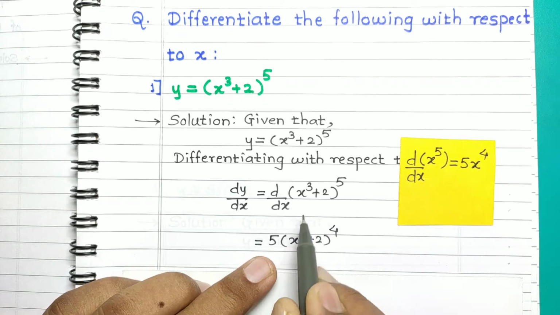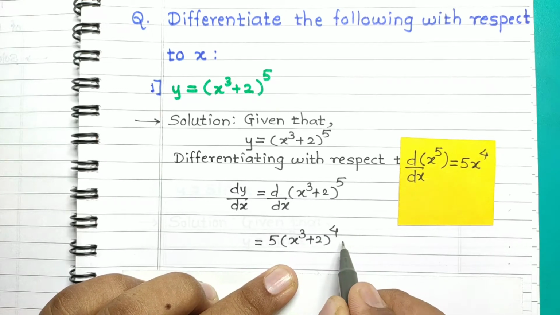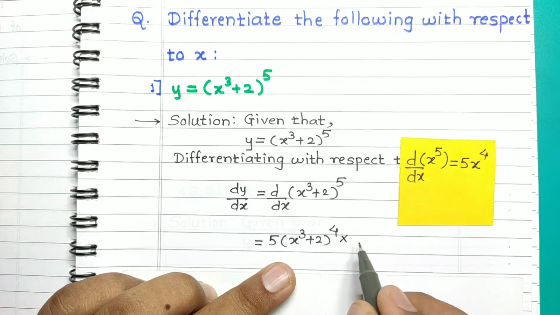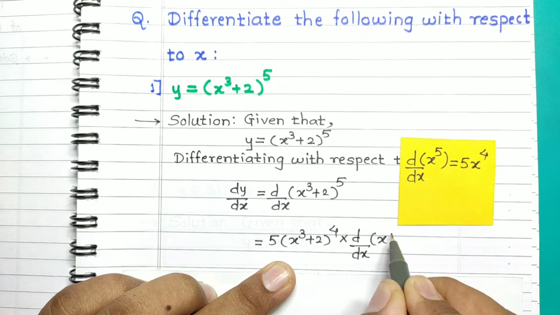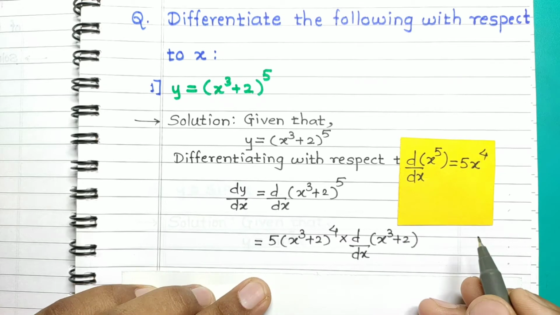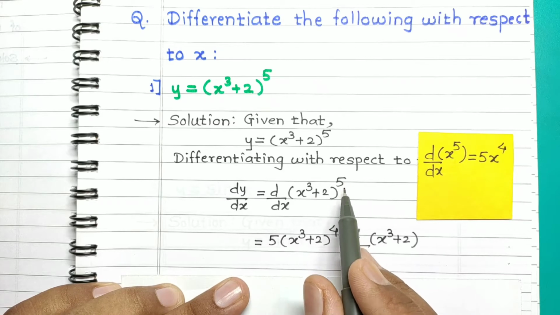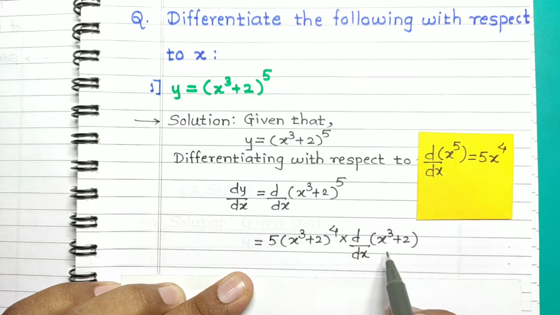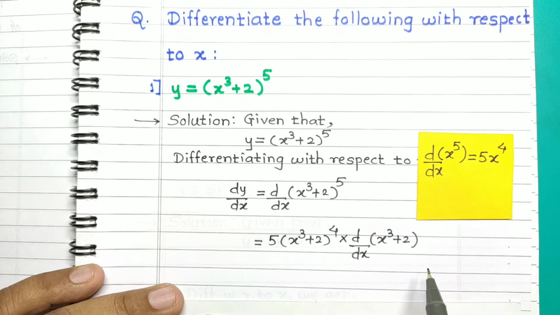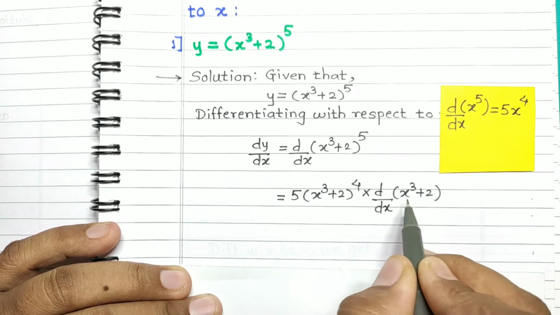We have written this first term as 5 into something raised to 4, and one extra term we are going to multiply here, and that is the derivative of that something function, which is x cube plus 2. Again, the derivative of (x cube plus 2) raised to 5 is 5 into something raised to 4 into the derivative of x cube plus 2, which is that something function. This is the first term you have to clearly understand.